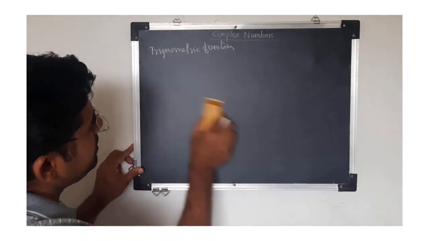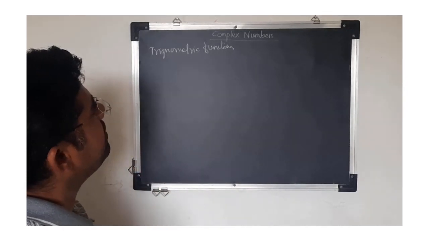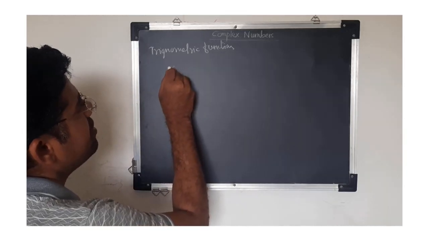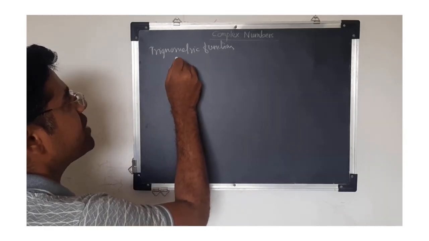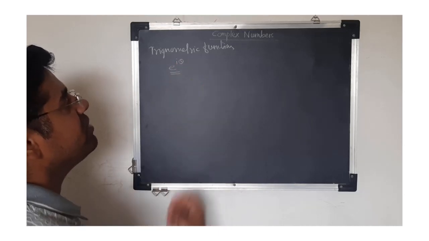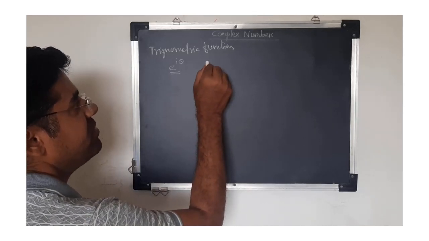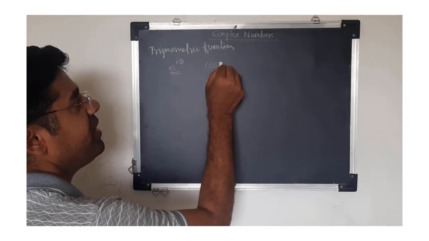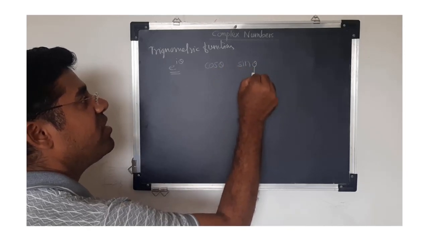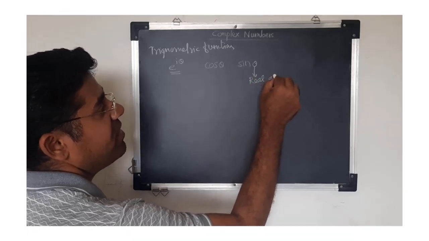So we know there is a close linkage between the complex exponential and the trigonometric functions for a real value or real angle.